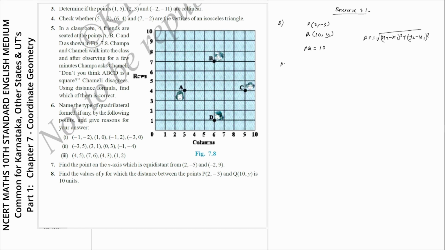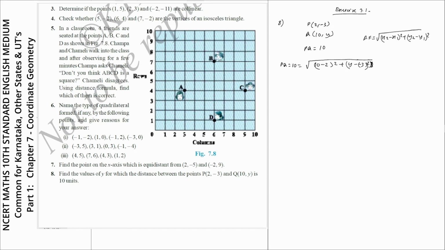So PQ is equal to 10, which is given by the square root of (x2 minus x1) the whole square, that is (10 minus 2) the whole square, plus (y2 minus y1) the whole square, that is (y minus of minus 3) the whole square. Okay, like this.